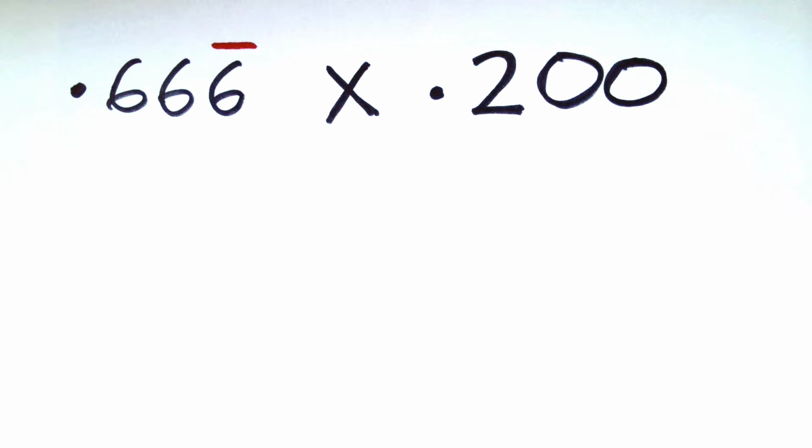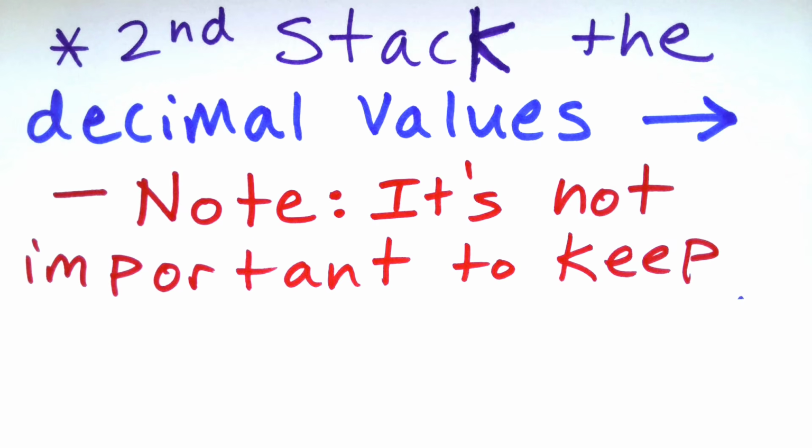Let's get her done. So we've completed step 1. We've turned the fractions into decimals. Step 2, do we really need to stack the decimal values? Let me say this again. We're going to stack the decimal values, but do we need to line them up like we do when we add or subtract? Well, take a note.